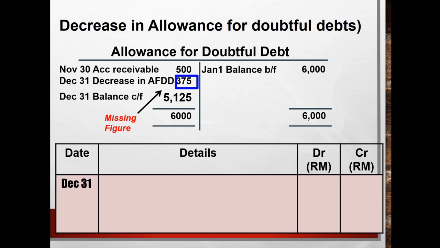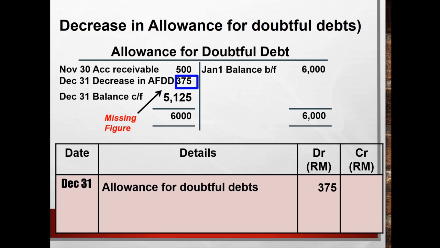Why do we call it decrease in allowance for doubtful debt? From the previous year, 2018, the balance for allowance for doubtful debt is 6,000. But the current year, the balance of allowance for doubtful debt is only 5,125. This one we have to record in the statement of income.